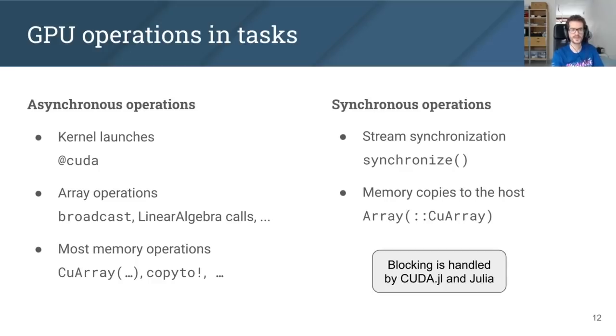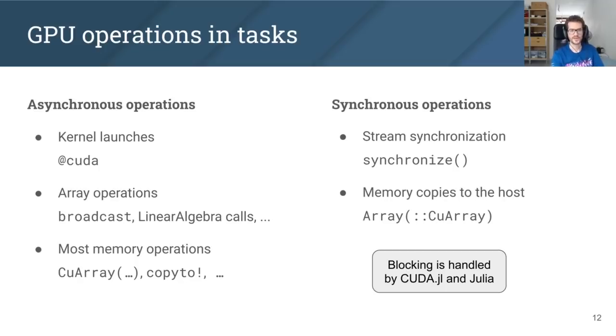But what's important here is that the blocking nature of these synchronous operations is implemented by CUDA.jl in Julia. So while your task is waiting for the GPU to finish, other tasks can execute. And all that is new in CUDA.jl 3.0, and it's crucial for concurrent GPU computing to work effectively.